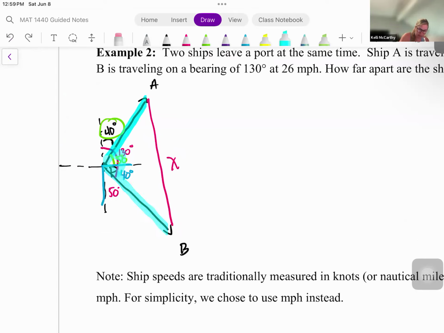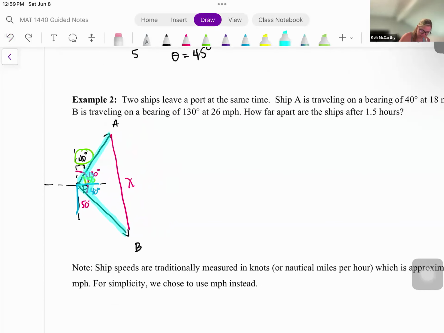And let me clear that out so you can see a little better. I'm going to pull that triangle out, but I know that I've proven that this is now a right angle. We're going to call this ship A and this ship B. Again, here's our port, and this is what we're trying to find.